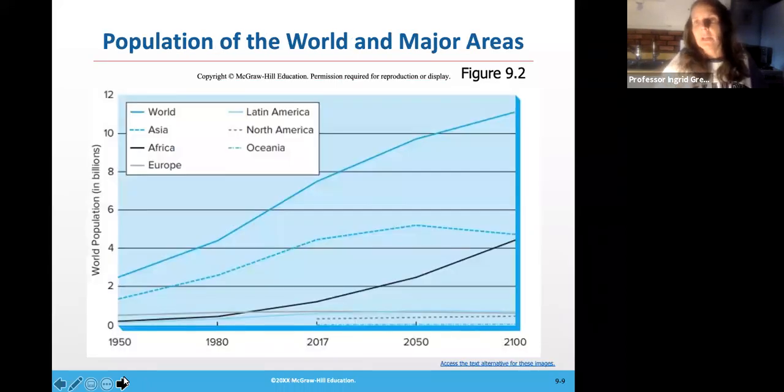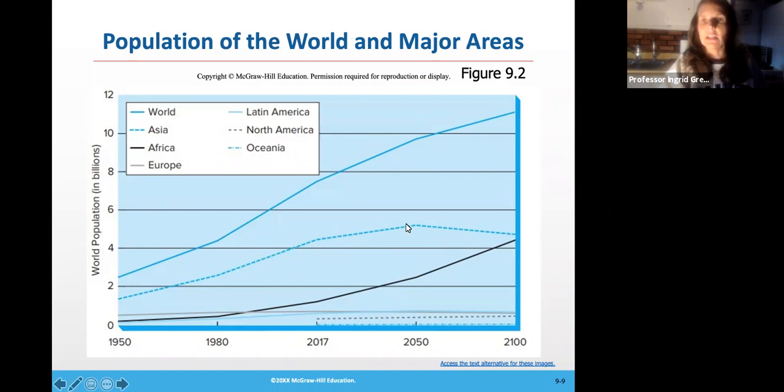And this is what I was just alluding to. It's all about Africa. So this shows the population of the world and in major areas, projected up to the year 2100. The world is growing very, very quickly, and it's because of Africa, which, as you can see, is this black line going up very, very quickly.